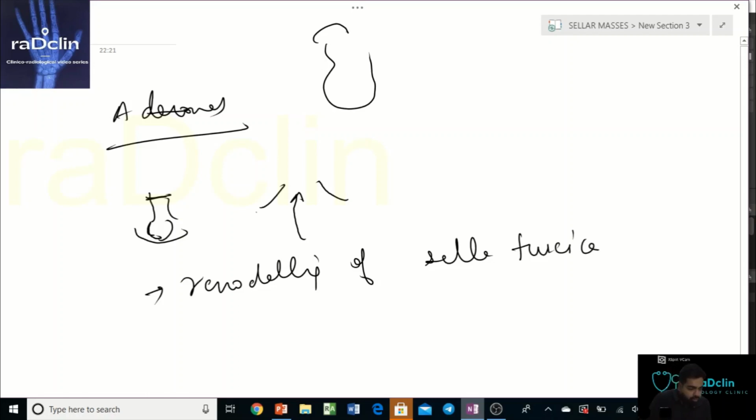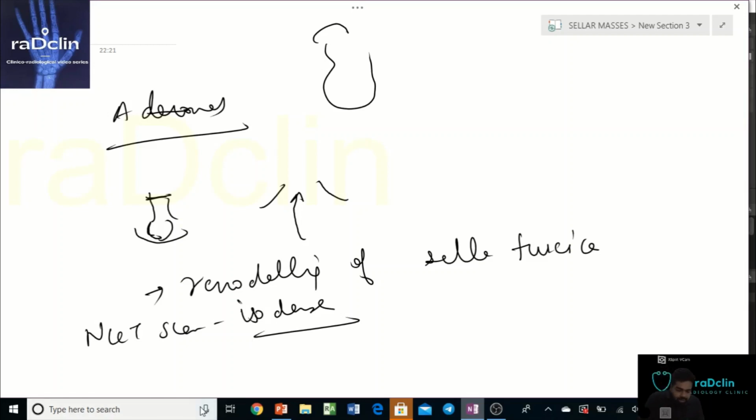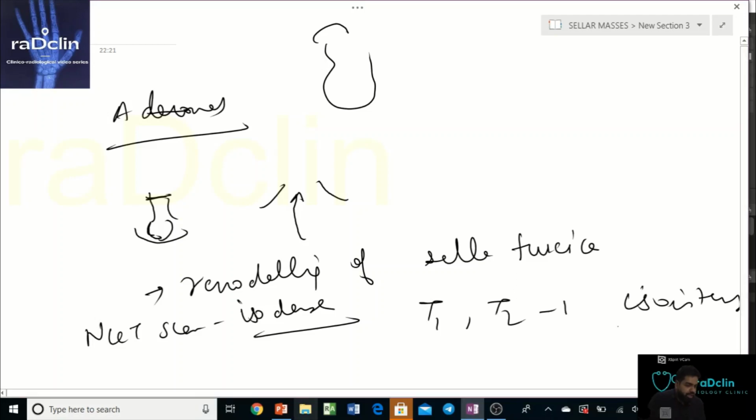Now, what are the findings? What kind of morphology do we expect? On a plain NCCT scan, it's isodense. It's not very hyperdense, it's not a very cystic kind of lesion, it's a solid lesion. On MR sequences, on both T1 as well as T2, it's basically isointense.